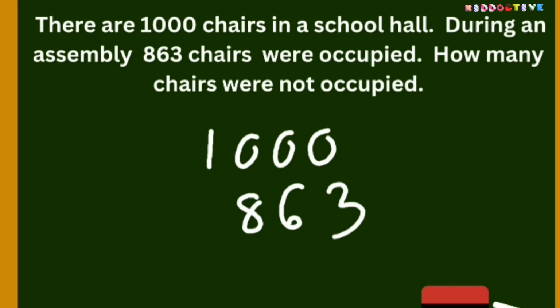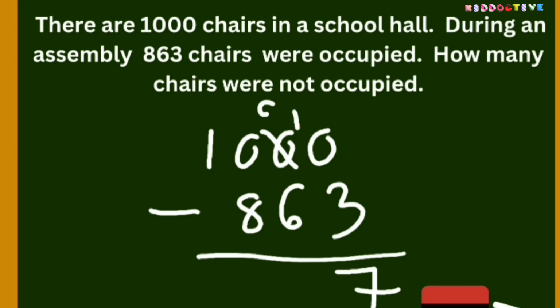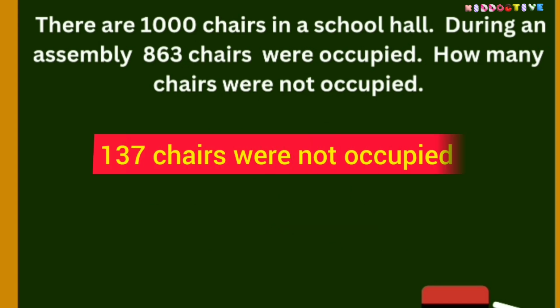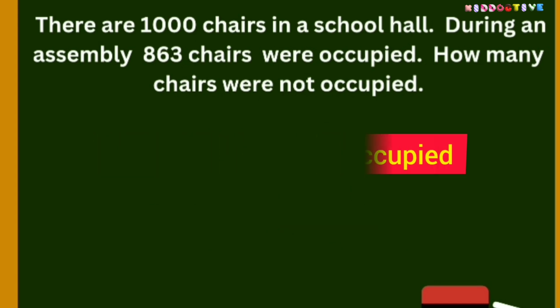So we are going to subtract. 10 minus 3 because from 0 we can't subtract. So 10 minus 3 equals 7. Now here is 9. 9 minus 6 is 3. Now again here 9. So 9 minus 8 is 1. So if you get this kind of question you are going to subtract.